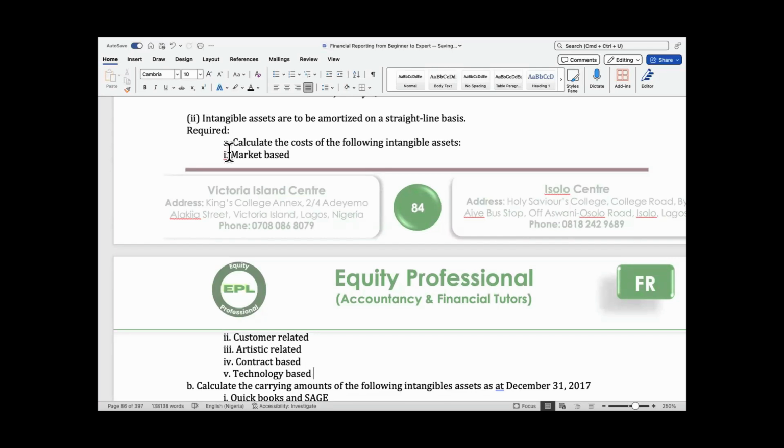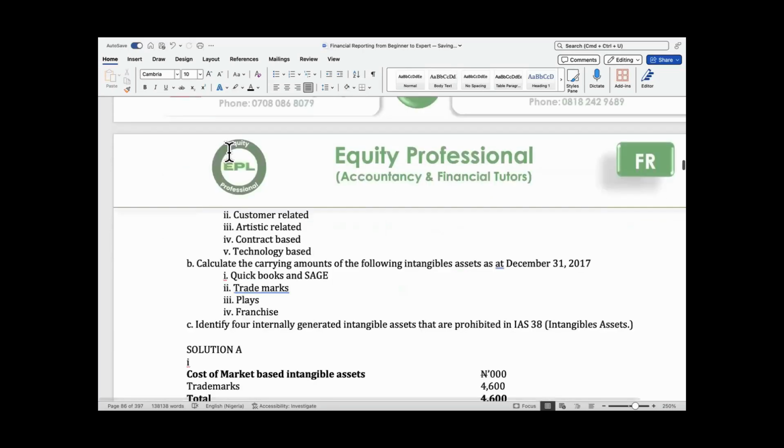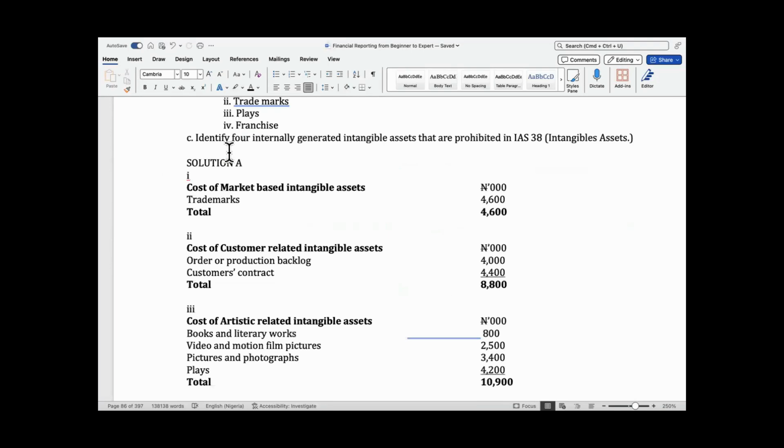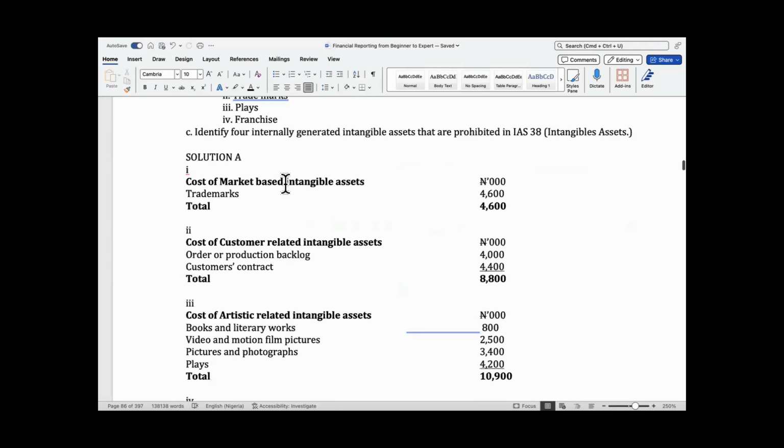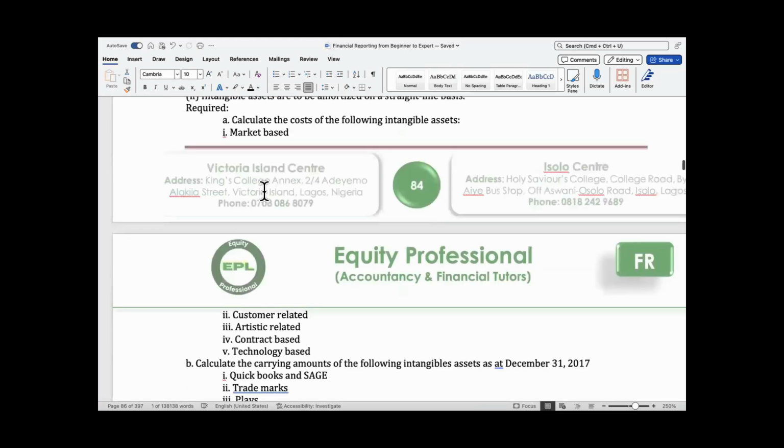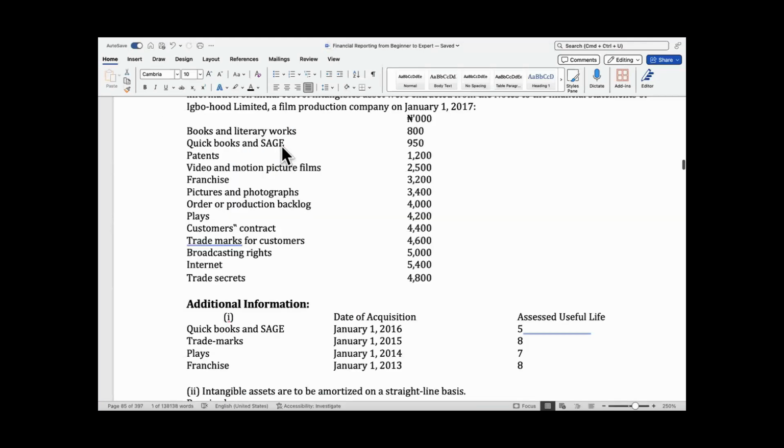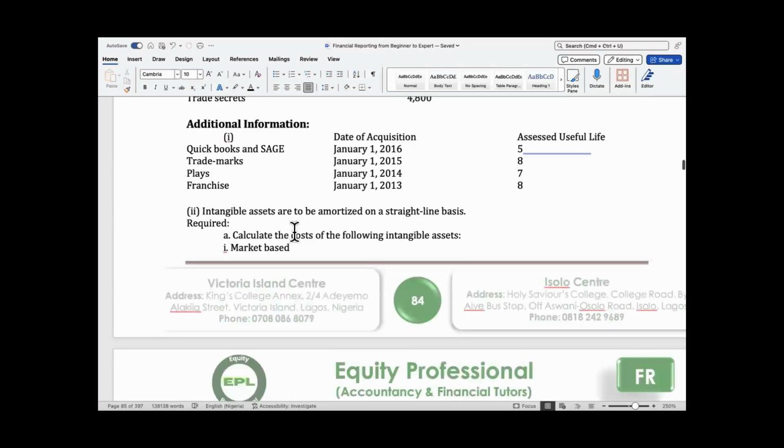So the question is now asking students to calculate the cost based on market-based and so on. I've grouped them together here. That's what I want to show you. For the market-based, I put trademark there. Another person can look at it and say no, QuickBooks should be market-based. I can't give those students full marks because it's very subjective. There's no way we can say this.